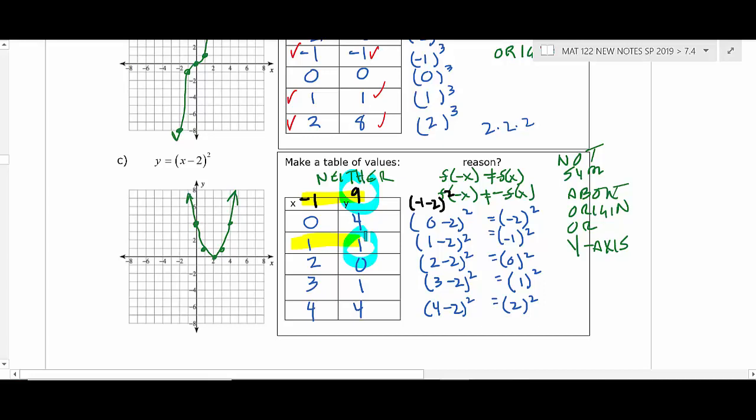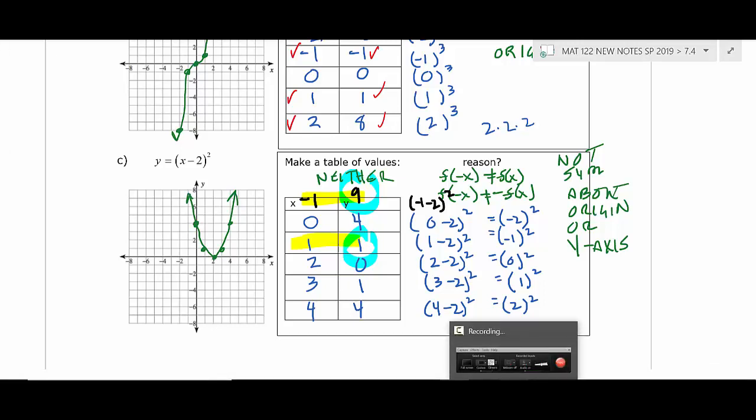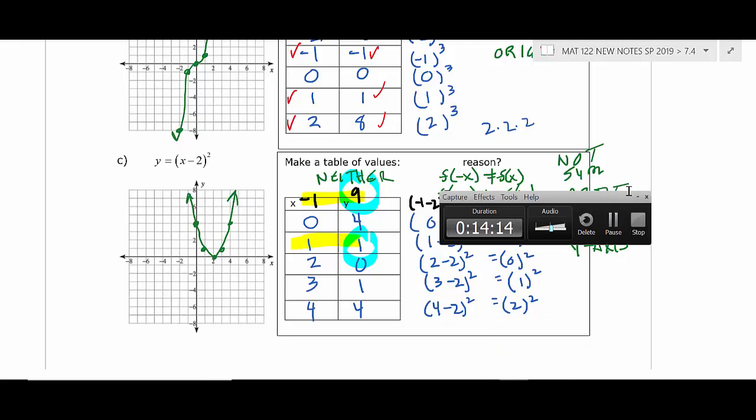So that point right there is what we would call a counterexample to prove that it's not odd or even. Okay, so that'll wrap up the review part of this. Then we'll get into the trig part, and I think you'll understand the trig part a lot better on the next page once you understand what we reviewed.